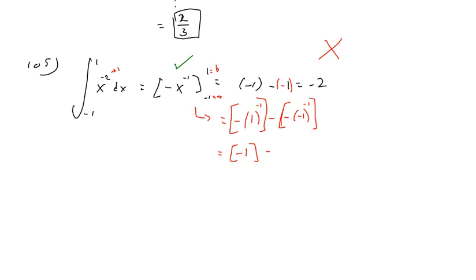What am I doing wrong? Negative minus negative, negative 1 to the negative first power. Negative, negative, positive, minus. It seems like it should be correct, right? What's wrong? Maybe I'm the one that's wrong.